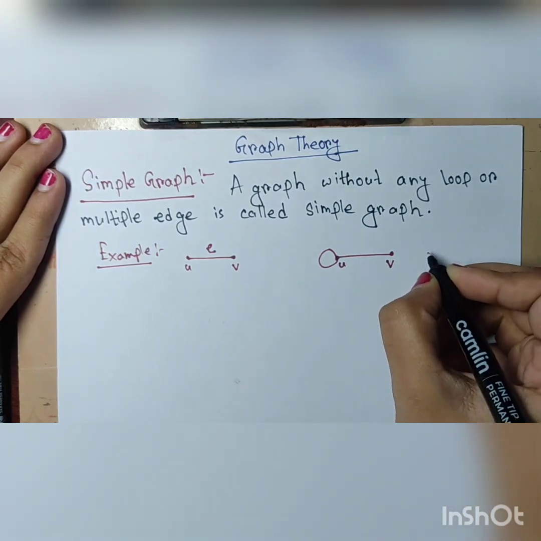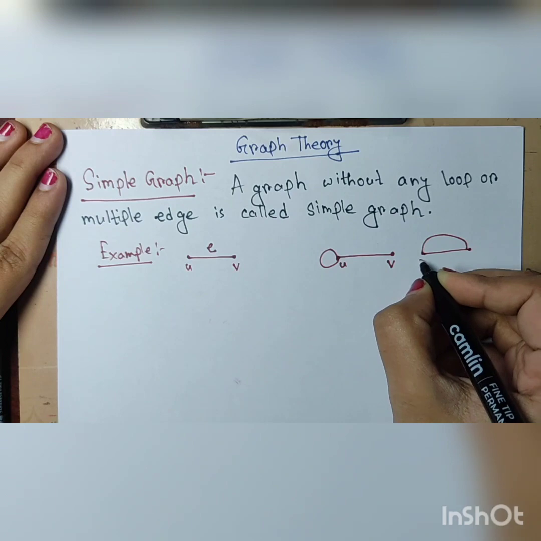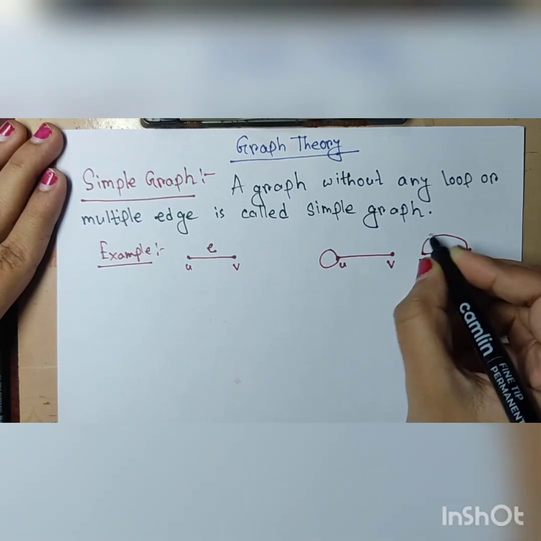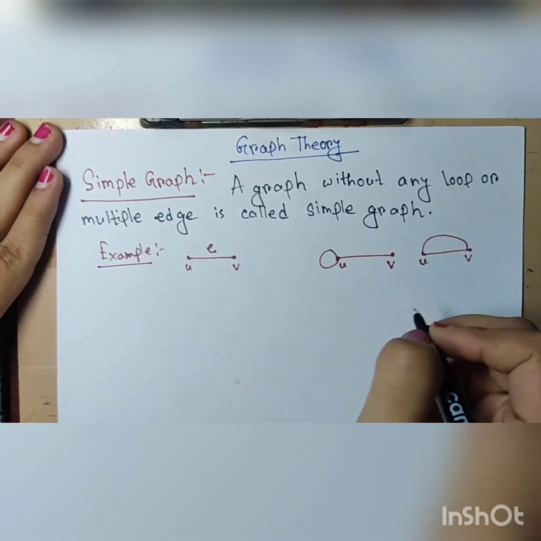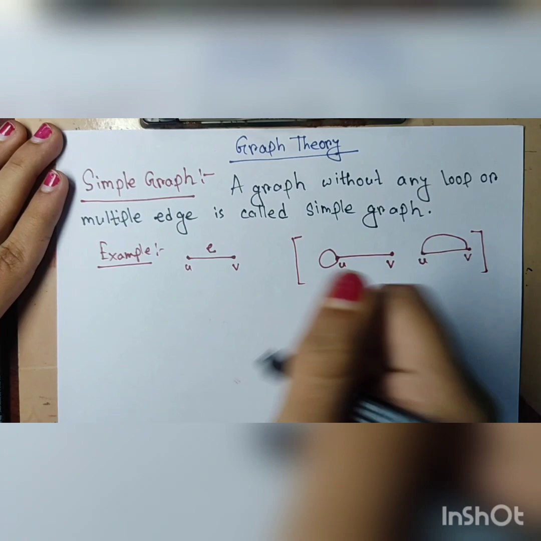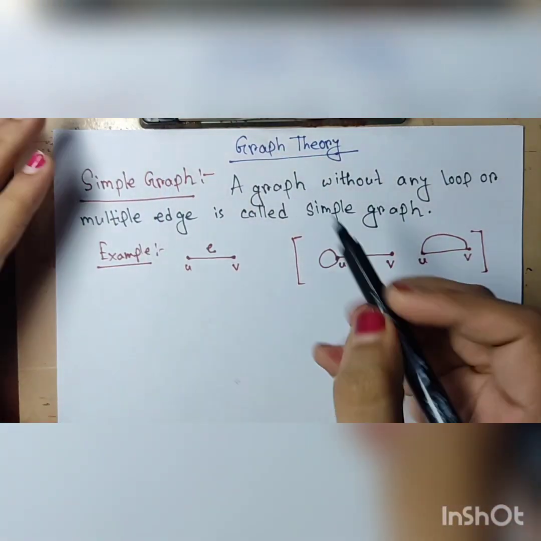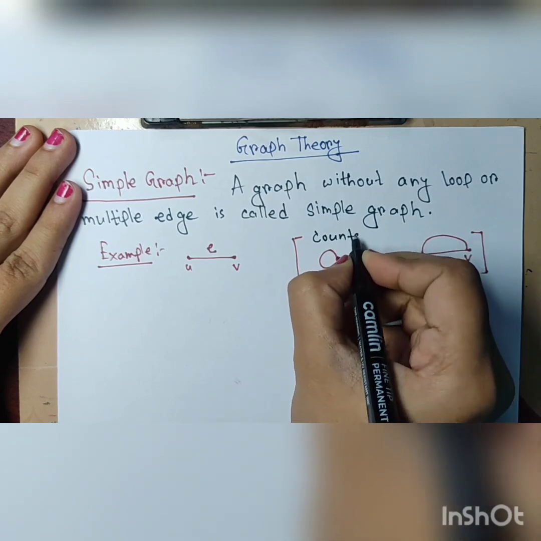Also we can consider another example, say this one. Here there is no loop, but there is a multiple edge between u and v, so it is also not a simple graph. So these two examples are basically counter examples.